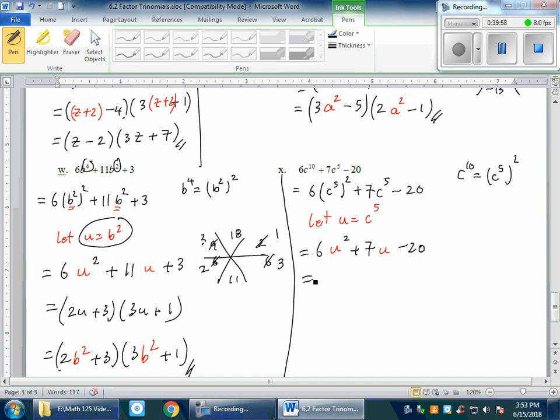So now we're going to use the technique to factor, which is a times c: 6 times 20 will be negative 120, and we want b, which is 7. Now, two numbers multiplied to become negative 120 but added up to become positive 7.